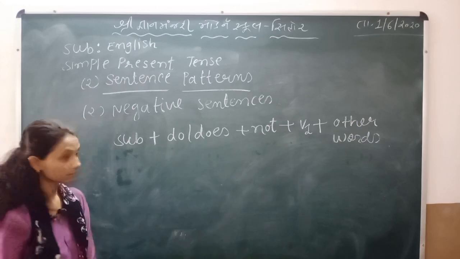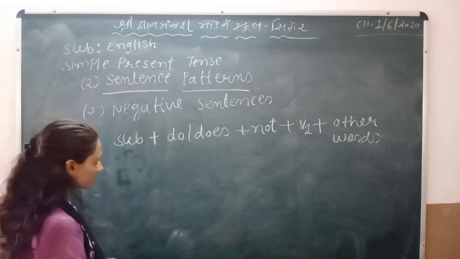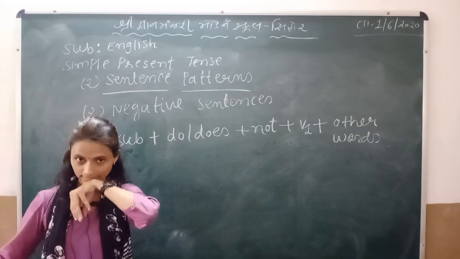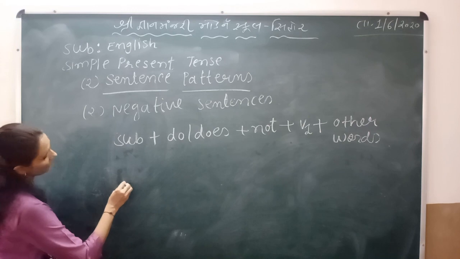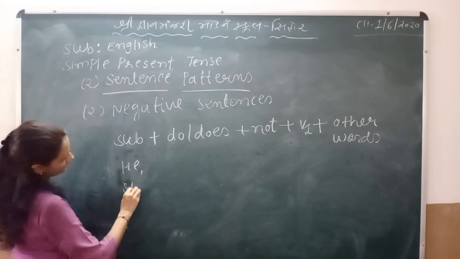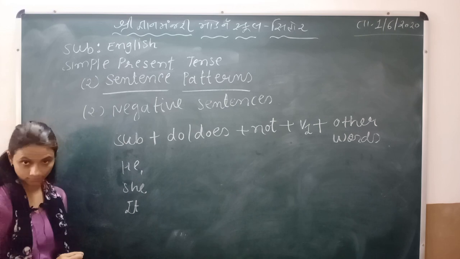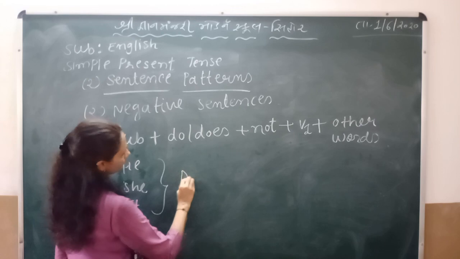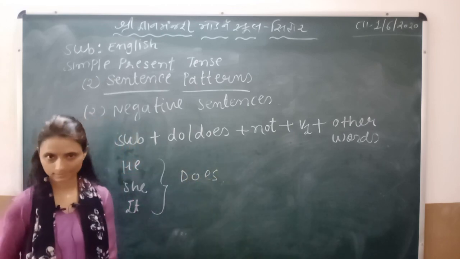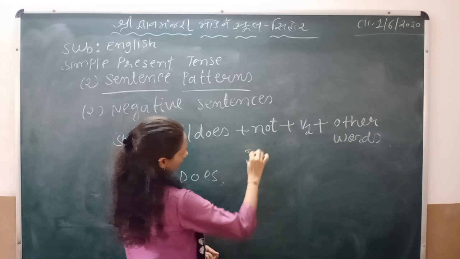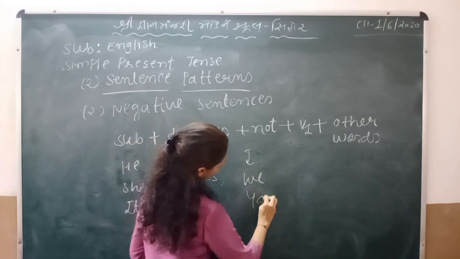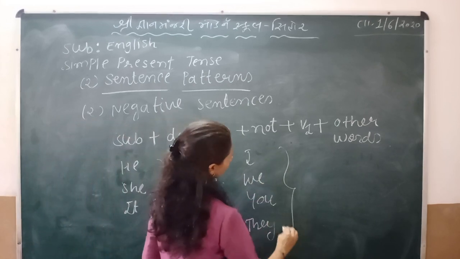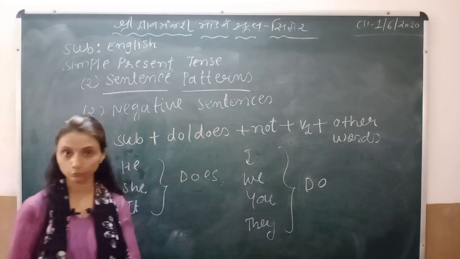So now the question is, with which subject we need to use do, and with which subject we need to use does. Let me clear it. When you have he, she and it, meaning third person singular, with this you have to use does, and when you have I, we, you and they, with it we need to use do.